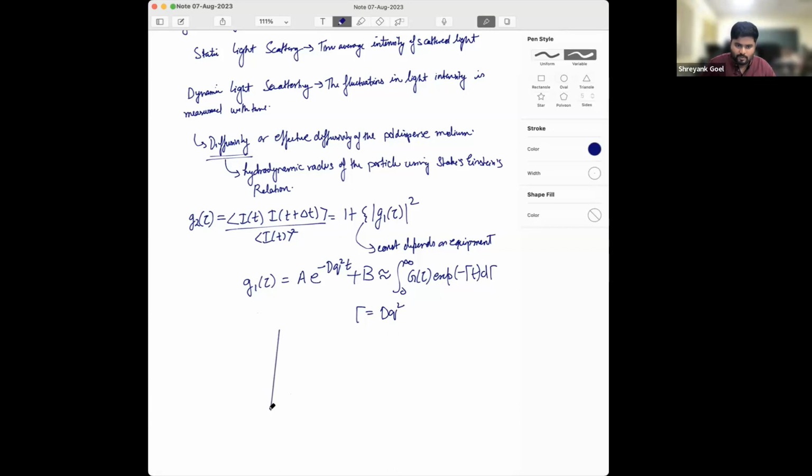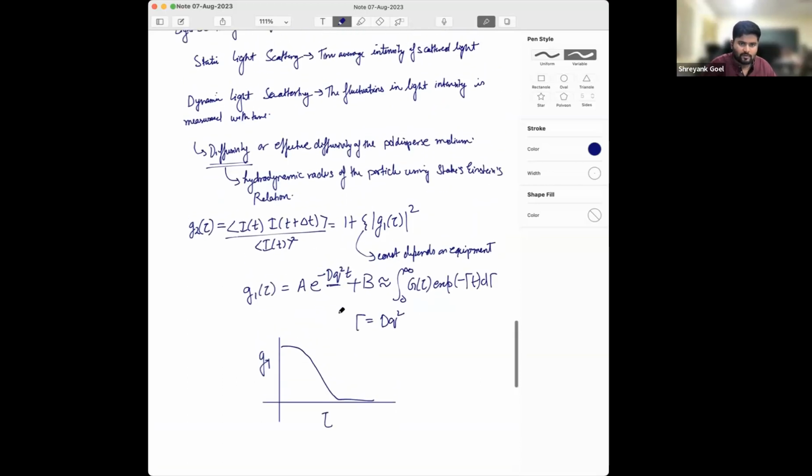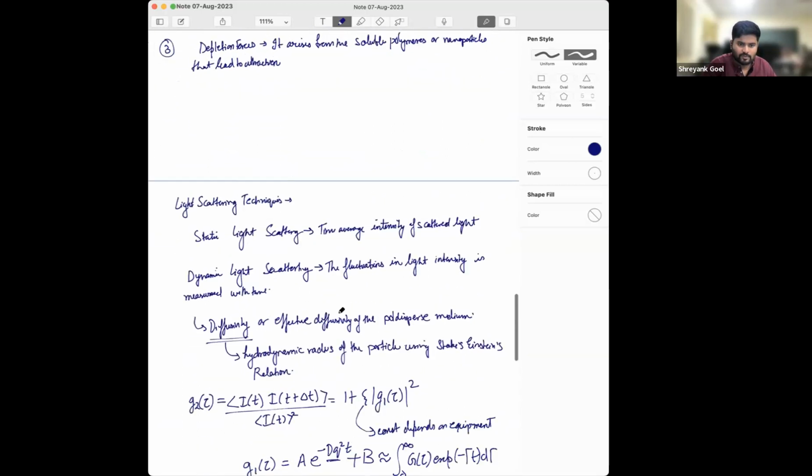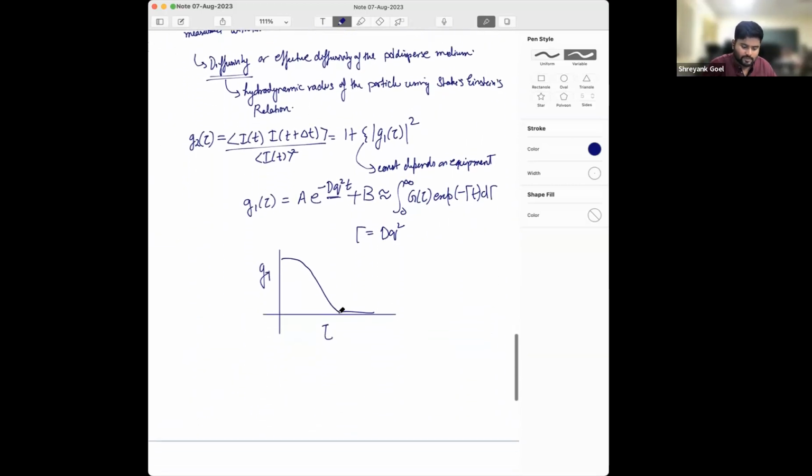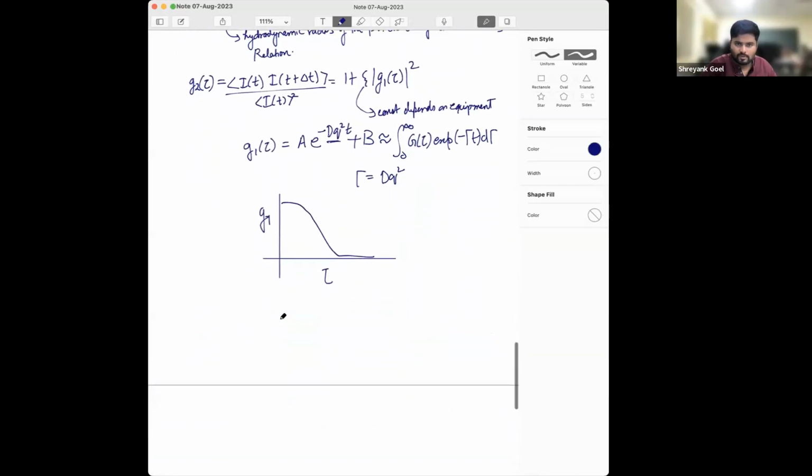We usually plot G1 with time, and with this correlation we are able to get these constants and the diffusivity. Our aim here from dynamic light scattering is to find the diffusivity and so the hydrodynamic radius. You need to use this relation to solve the numerical that I am giving.